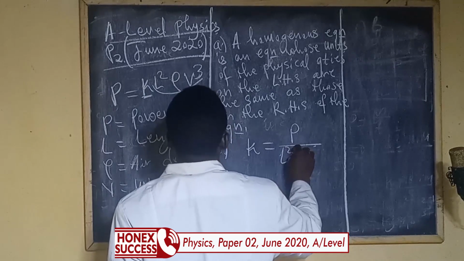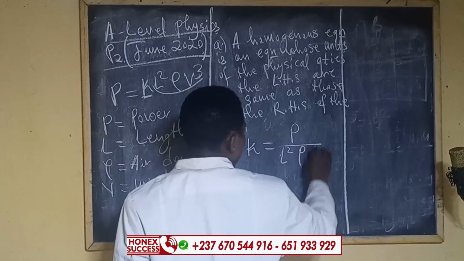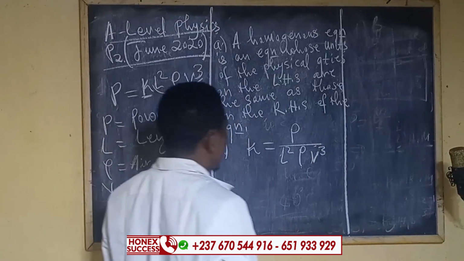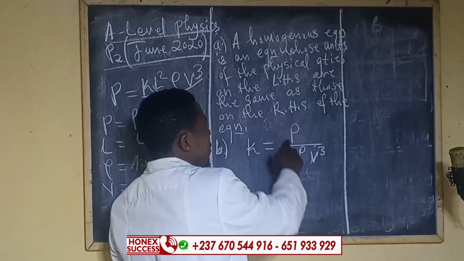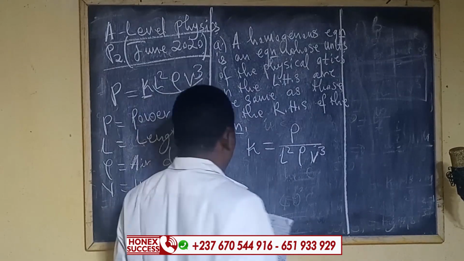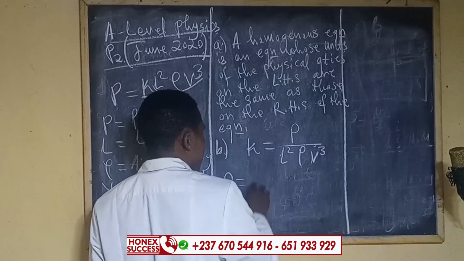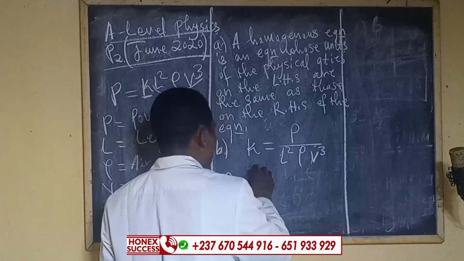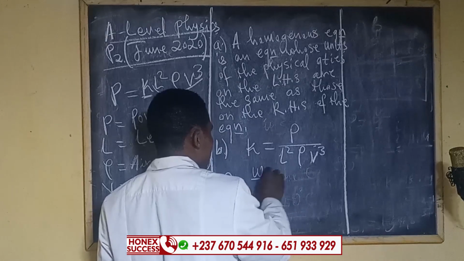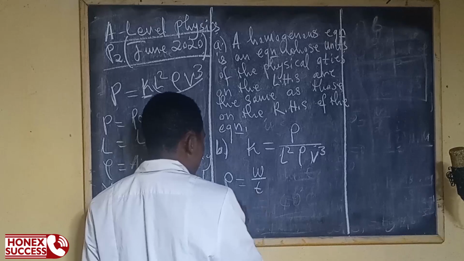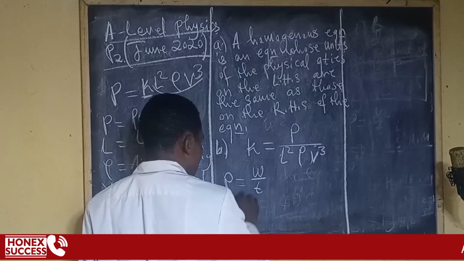Good. P is power, and power is the work done per unit time. So expressing power in terms of units, work done is the force times distance moved in the direction of the force, all over the time.